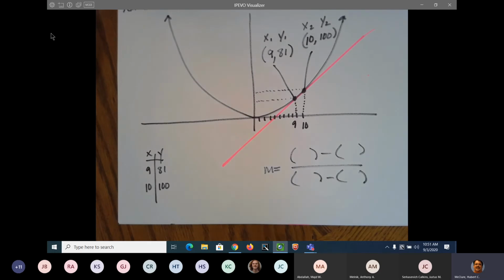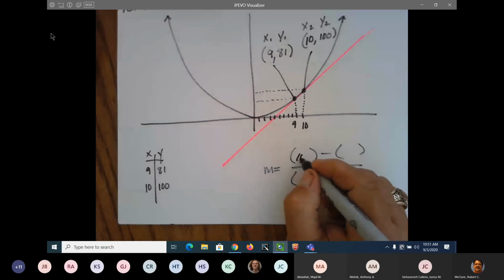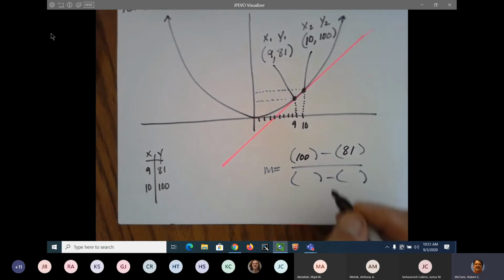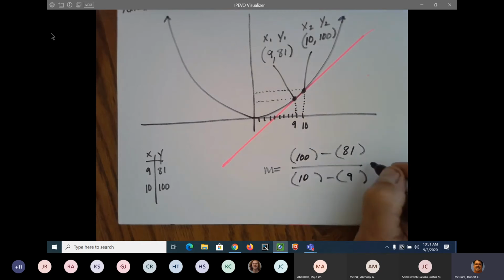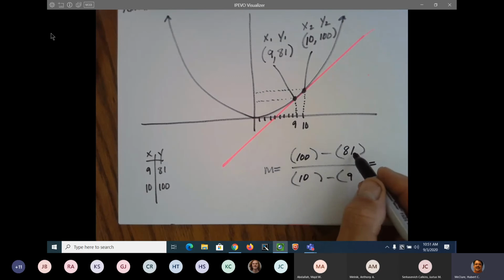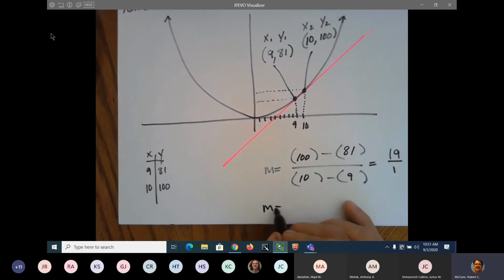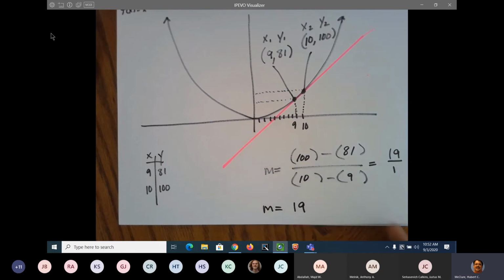So y sub 2 is 100. y sub 1 is 81. 10 and 9. 100 minus 81 is 19 over 1. m is equal to 19.